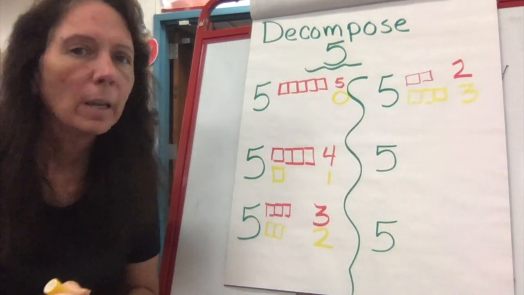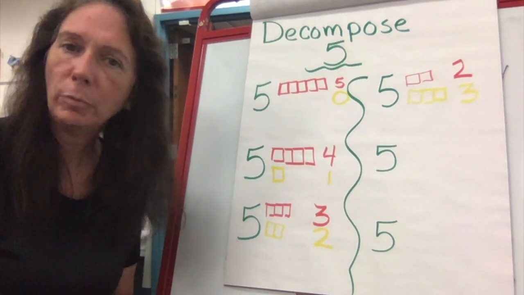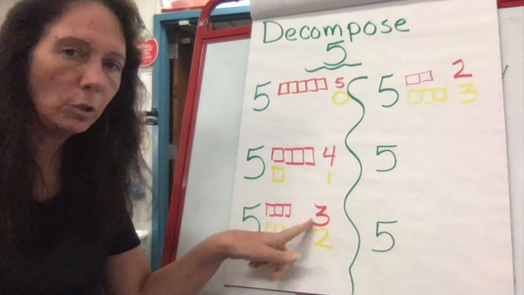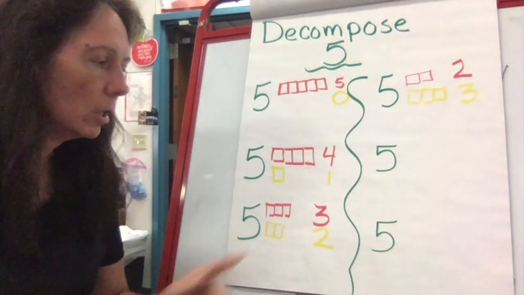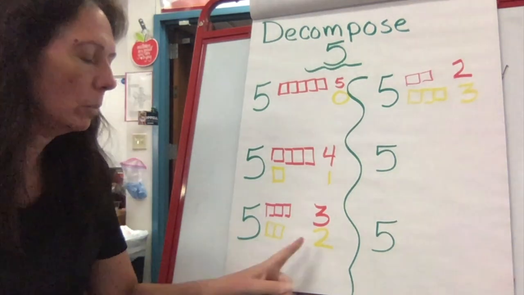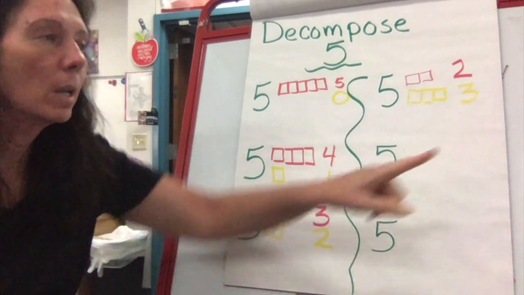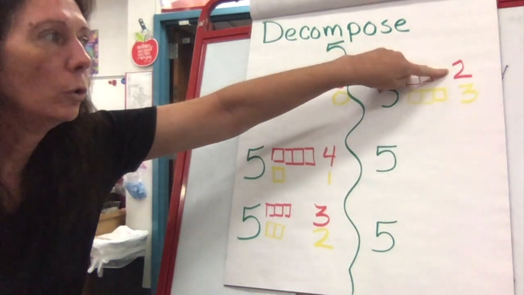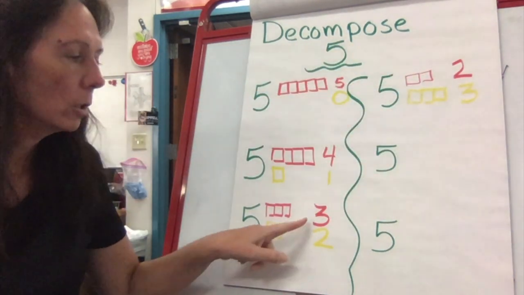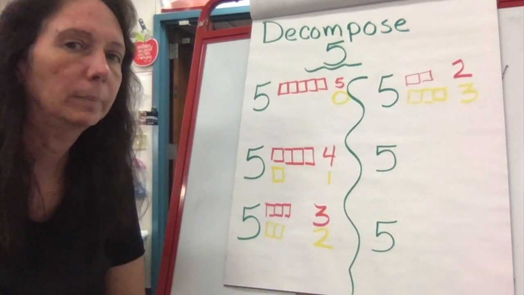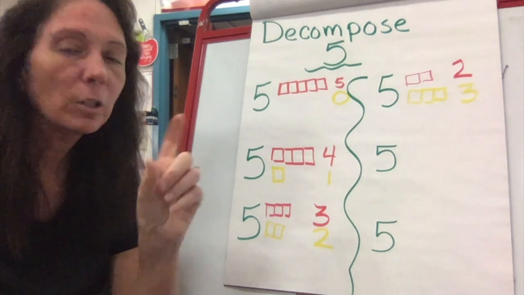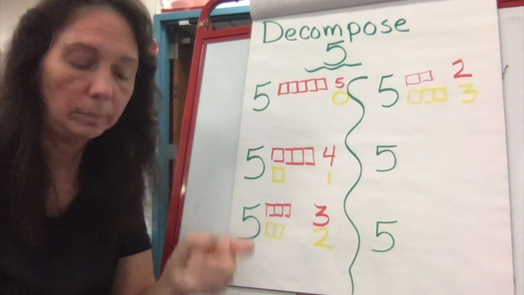And some of you are saying, But Mrs. Reyes, you used 3 and 2 down here. I did. I used it a little differently. Notice I said there was 3 red cubes and 2 yellow cubes. But then look up here. I said it was 2 and 3. 3 and 2, 2 and 3. Same numbers, but they're in a different order.